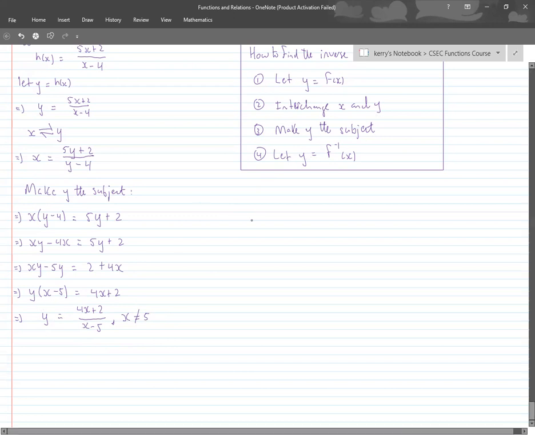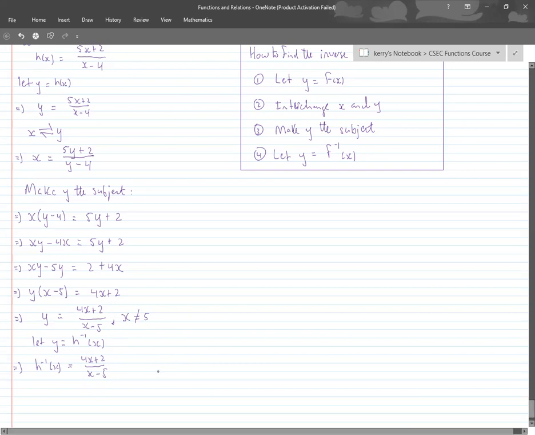So our last step now is we let y be equal to h inverse of x. So this gives us h inverse of x is equal to 4x plus 2 over x minus 5. And again, don't look at it as x and y anymore. What does this mean?